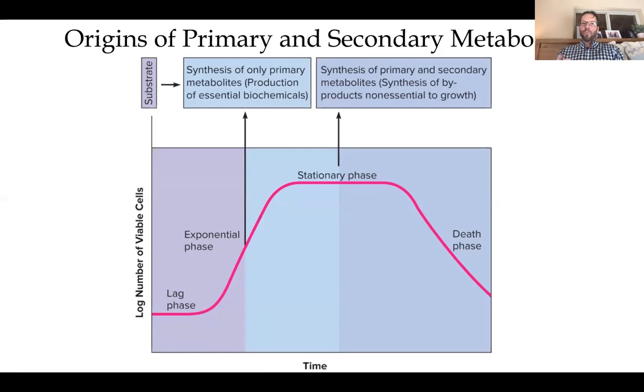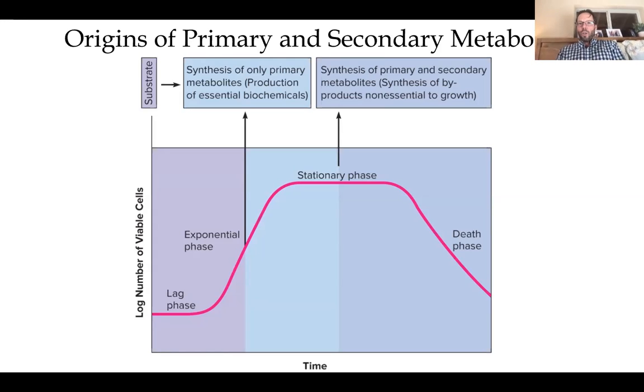And so we can expect primary metabolites to be produced during this exponential phase. They're essential to the expanding of the population, essential to the cellular division of these bacterial cells, for instance, or these yeast cells.